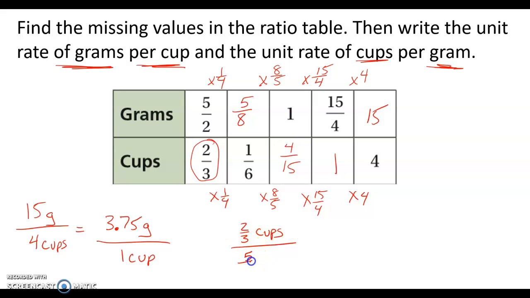And then that means 5 over 2 grams. So if I take 2 over 3 and divide that by 5 over 2, and then I'm going to change the fraction it gave me to a decimal. So you could put 4 over 15 cups per 1 gram.